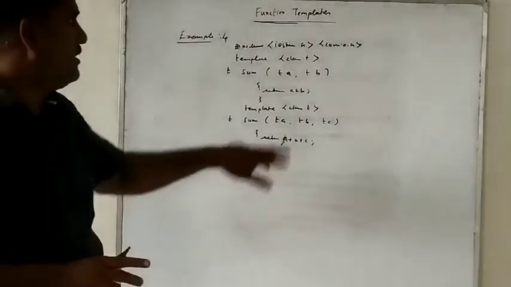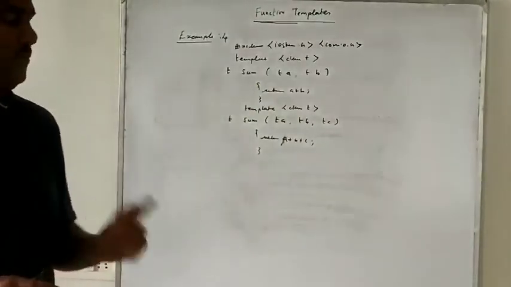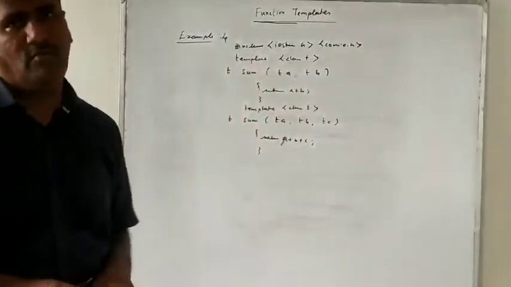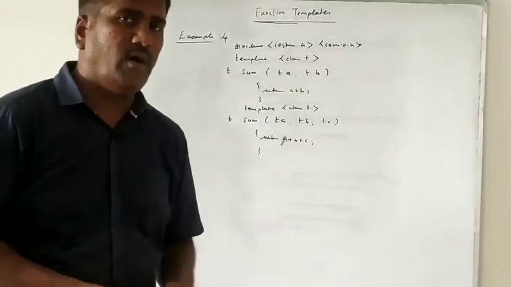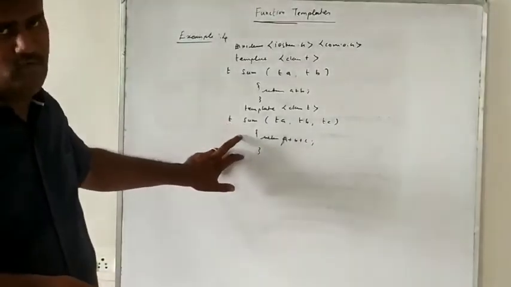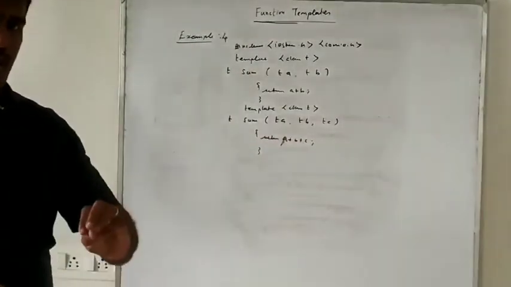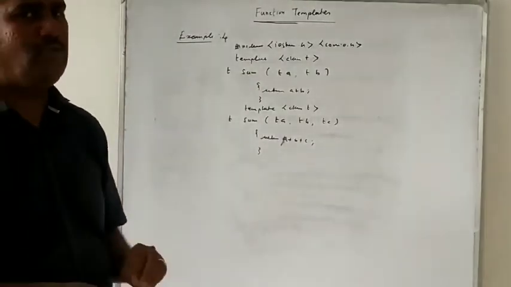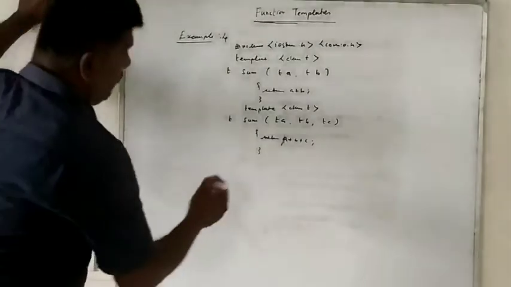Suppose you pass two integers or two floats, the first function is invoked. Suppose you pass three integers or three floats, this function is invoked, because the number of parameters should match, and all three parameters are of the same type. Okay, right. Now write the void main.